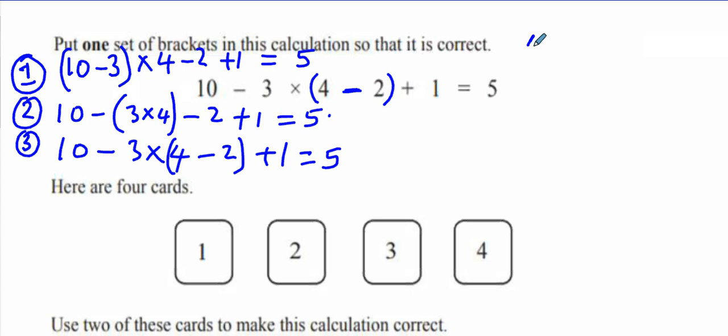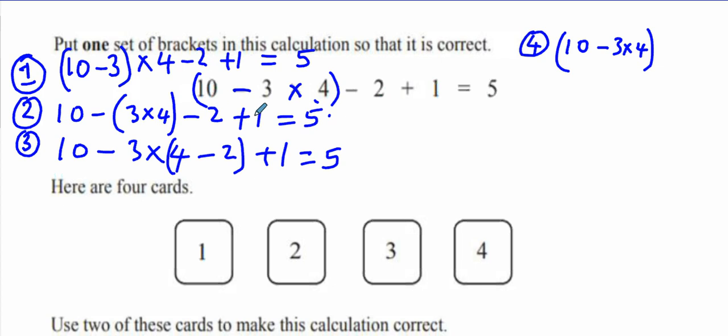Okay, the fourth possibility will be when you keep two signs in brackets. The first two signs are subtraction and multiplication. So it will be 10 minus 3 times 4, put it in brackets, then minus 2 plus 1, see if you'll be able to get 5.